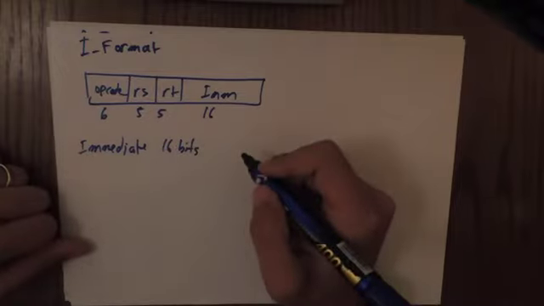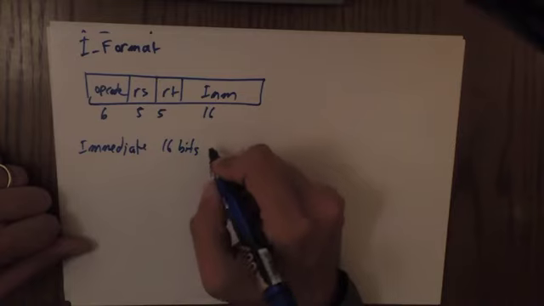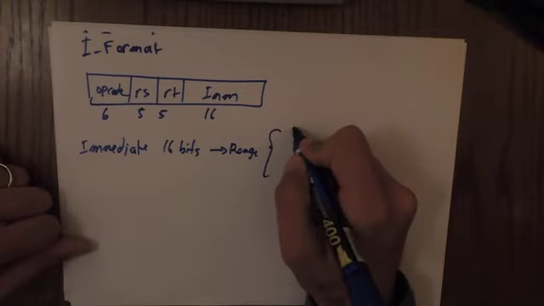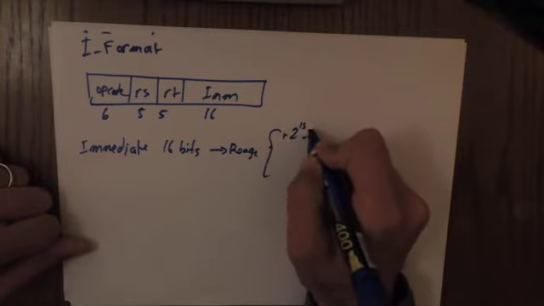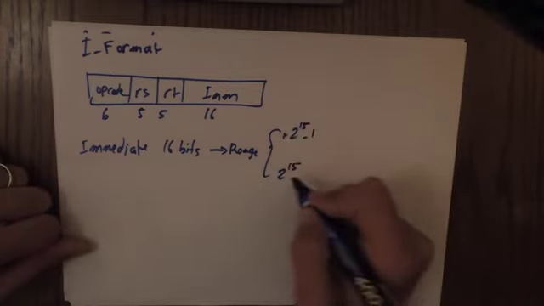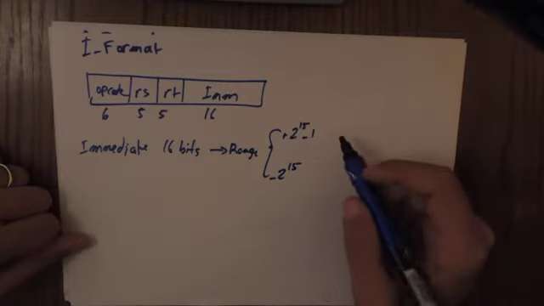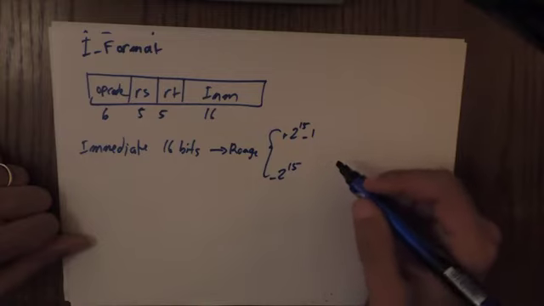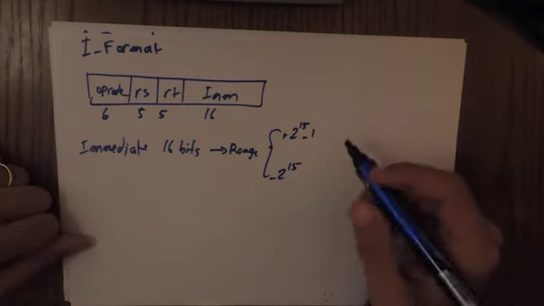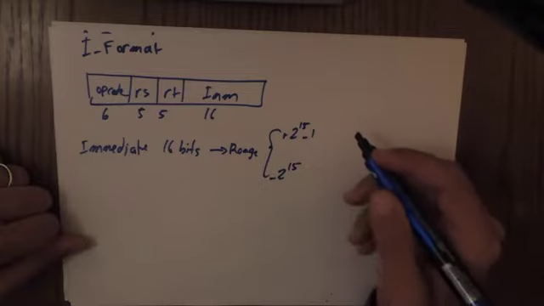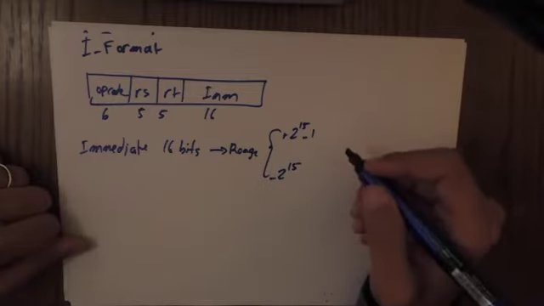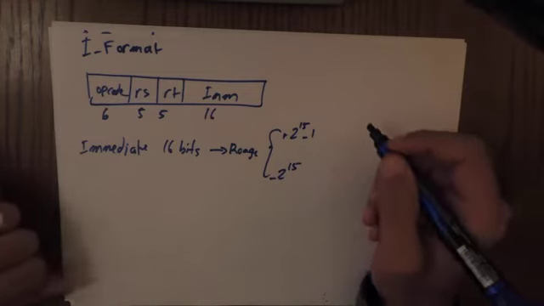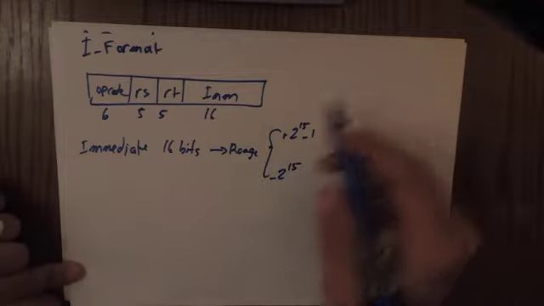We have signed numbers, plus and minus. This gives us a range from 2 to the power 15 minus 1 down to minus 2 to the power 15. This is the range of the immediate. We cannot have more than 2 to the power 15, or about 32,000. So if you want 40,000 as a constant, we need to use other methods which we'll not go into.